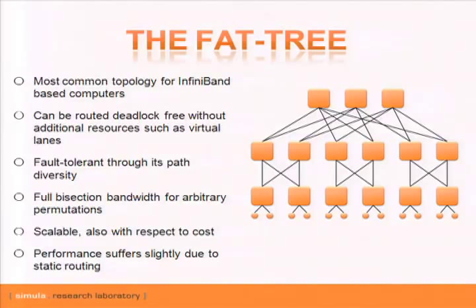So these properties make the fat tree easily adaptable to traffic requirements defined by the applications or the network. It's also scalable in cost, as we will see in a minute. One downside is, however, that the performance might suffer slightly due to static or oblivious routing.